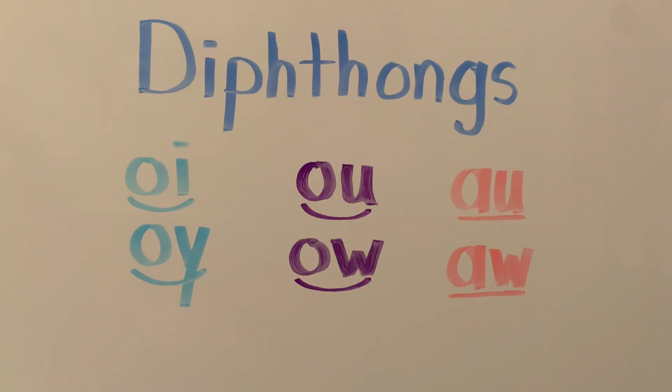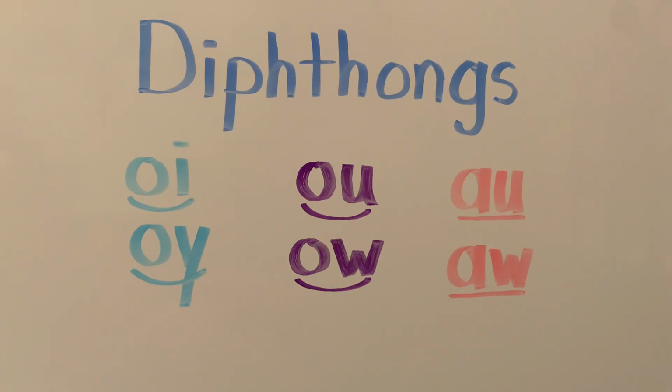However, if we hear the ow sound in the middle of a word or at the beginning, it might also be this pattern, like in clown. I hear the ow in the middle, but it is the OW.